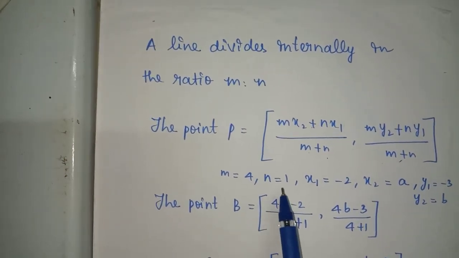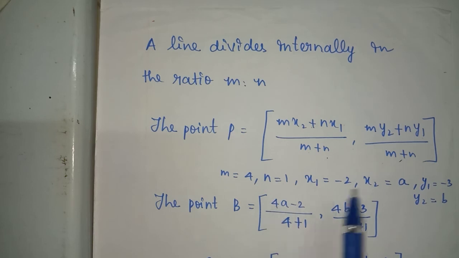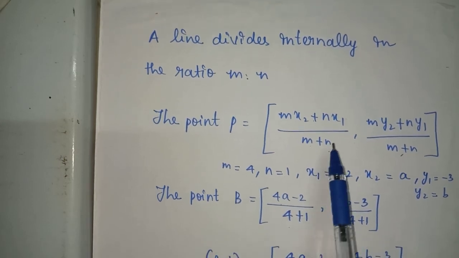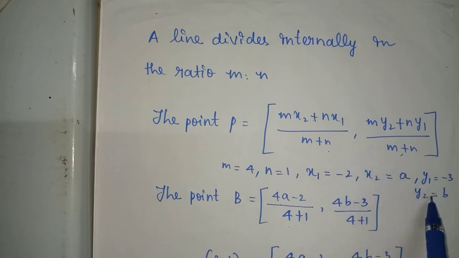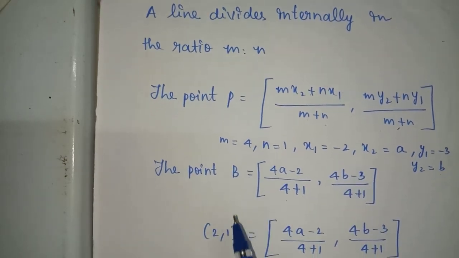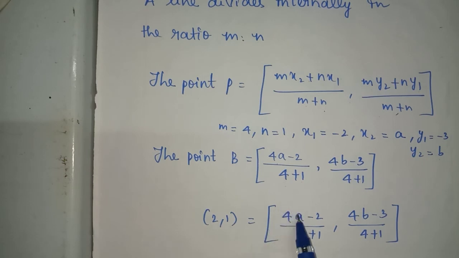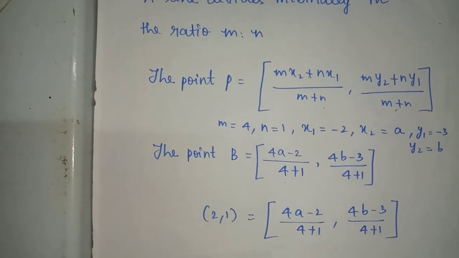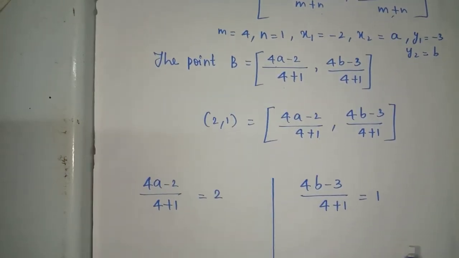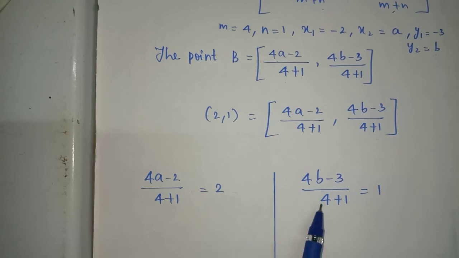So B is equal to 4 into a plus 1 into minus 2, so 4a minus 2 divided by 4 plus 1, comma, 4 into b minus 1 into minus 3... the point B is given 2, 1, which is equal to 4a minus 2 divided by 4 plus 1, 4b minus 3 divided by 4 plus 1. The next step is we are going to equate the coordinates of x and y. Then only we can find the value of a and b.